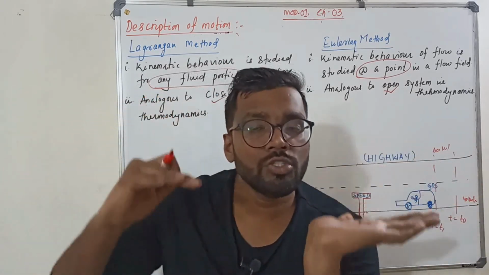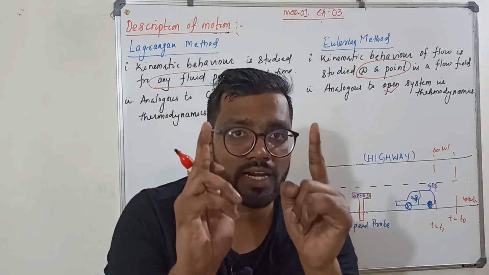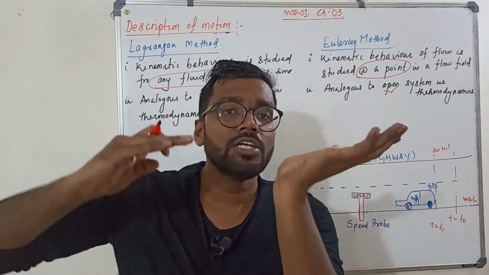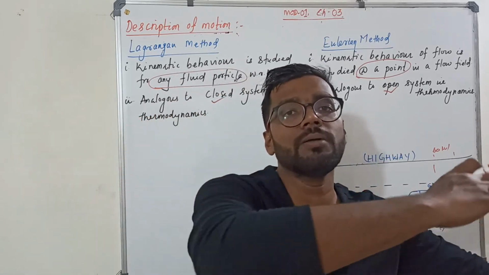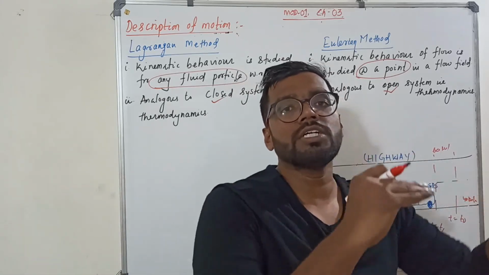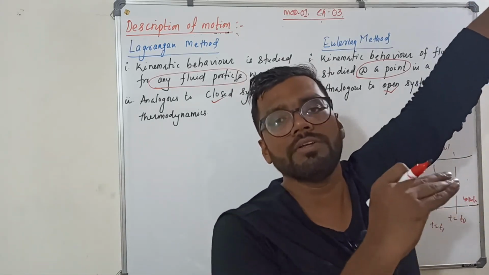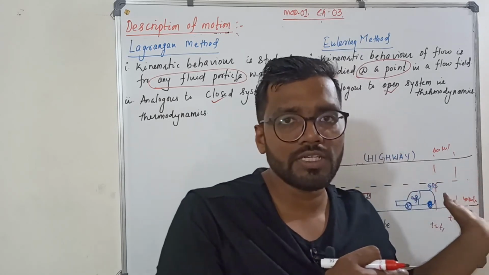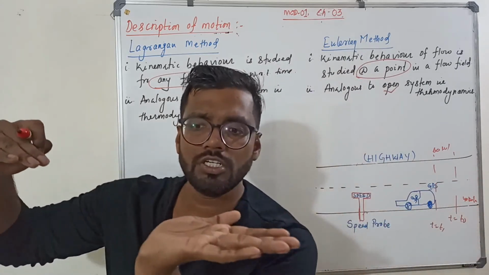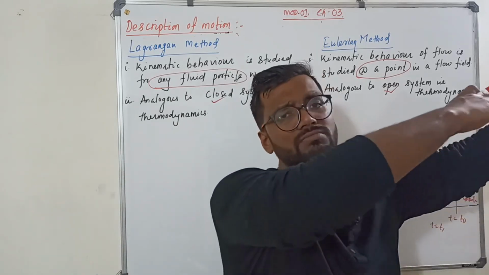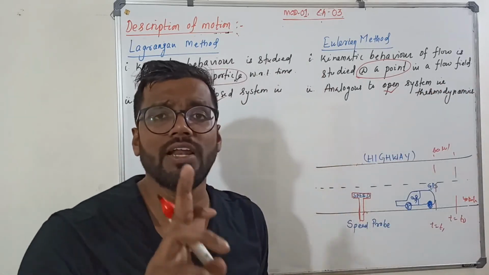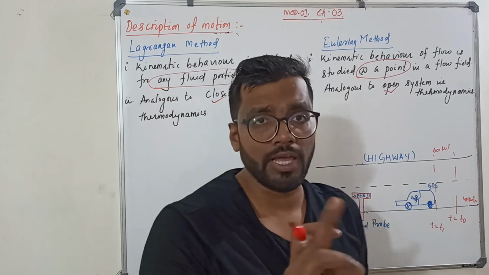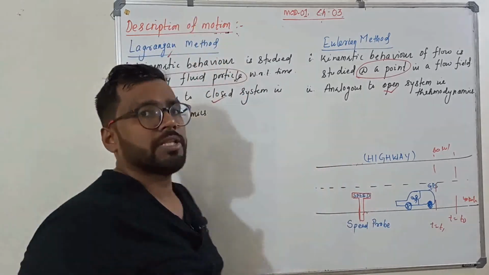I have only targeted one vehicle, that is your vehicle. I am continuously monitoring your vehicle's velocity: 40, 60, 80, 100, 140, 150, 180. That's through space, which is why I told you your vehicle has a GPS. At every location of your vehicle, I know your velocity. That is your Lagrangian method.